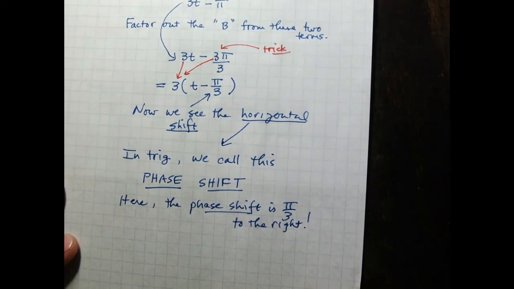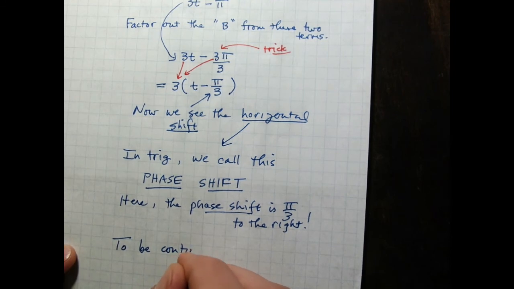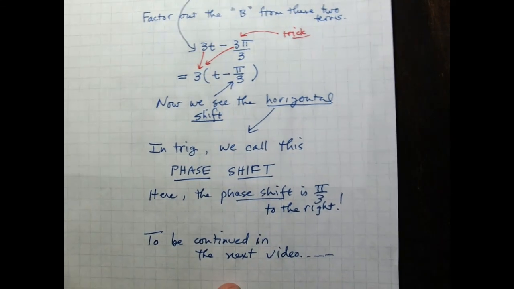The phase shift will always appear inside the new parentheses. So, to be continued in the next video. We're going to stop this one, and then we're going to put our graph together. We're almost there. We've done all the hard parts of this.